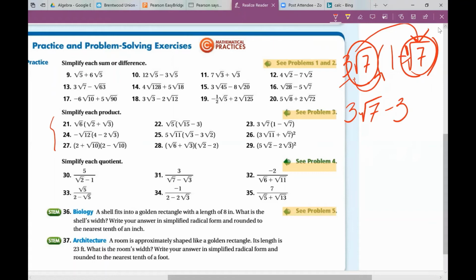So radical 7 and another radical 7 would just be 7. Square root of 49 is 7. So I'm going to put a times 7 here because that's what it means when you have a radical sign up against another number. So I'm going to clean this up a little bit. I get 3 radical 7 at the beginning of my problem, and negative 3 times 7 is negative 21. That would be my final answer. I can't go any farther with that.